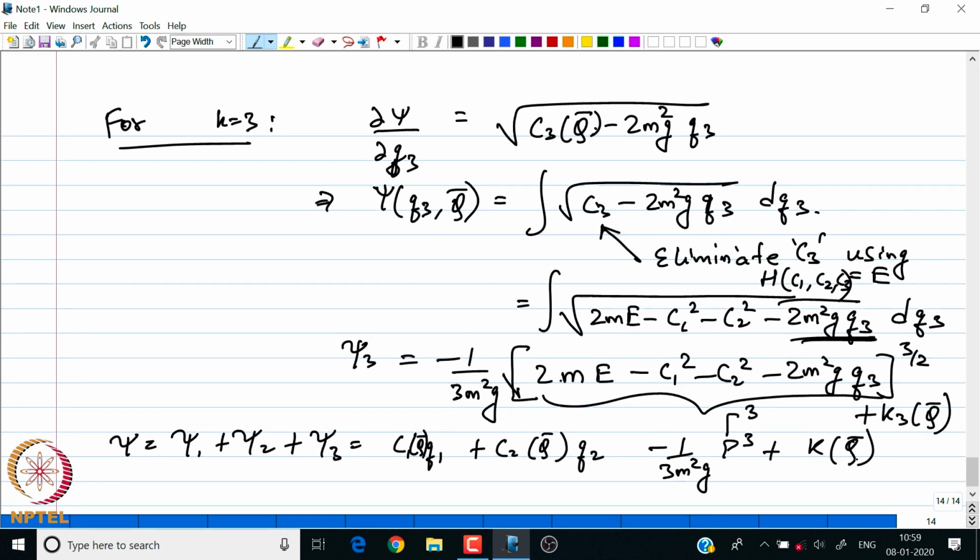Now notice that these two are my constants in the framework P bar, Q bar. These are my constants in the original reference frame, and we also have a constant sitting here. This is also a constant which is inside gamma.